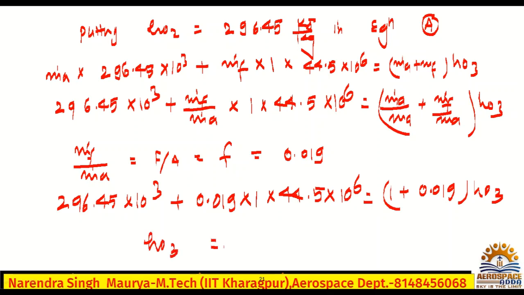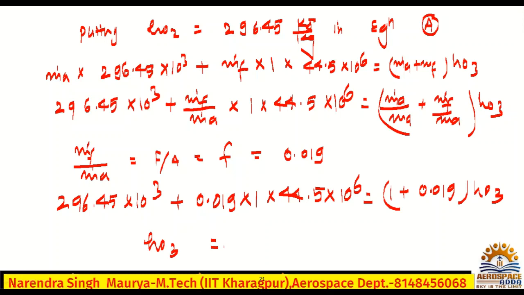H naught 3, how much is it? Wait, let me calculate this. 10 to the power 3 plus 0.019 into 44.5 10 to the power 6, divided by 1.019, divided by 10 to the power 6, into 10 to the power 3.